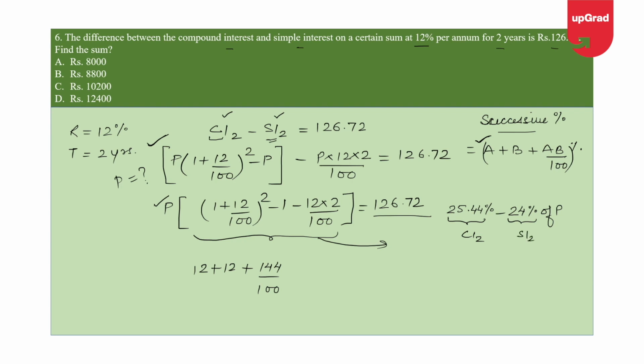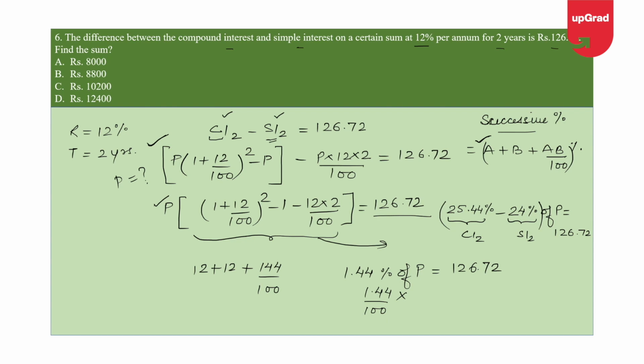And upon subtracting them, I must get the value that is given in the question, which is 126.72. So 25.44 minus 24% will give me 1.44 percent of principal is equal to 126.72. Now, if I remove the percentage sign, I'll have to put 100 in the denominator.